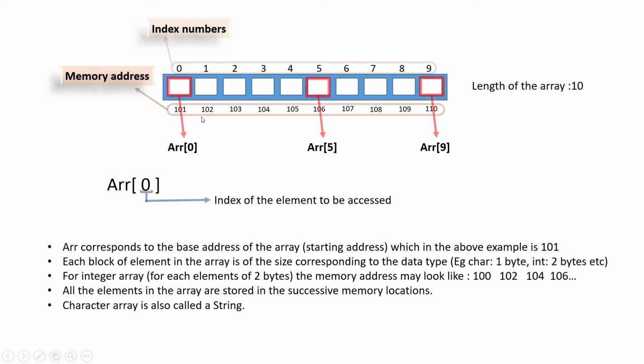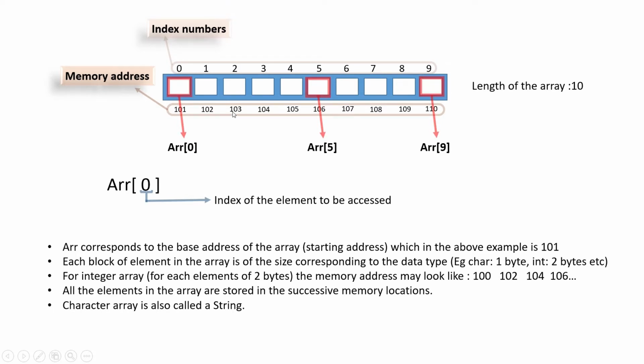For an integer array, for each element of 2 bytes, the memory address may look like 100, 102, 104, 106. In this case we have written 101, 102. Here we have assumed each element has a size of 1 byte. That's why the difference between every memory address is 1 byte.